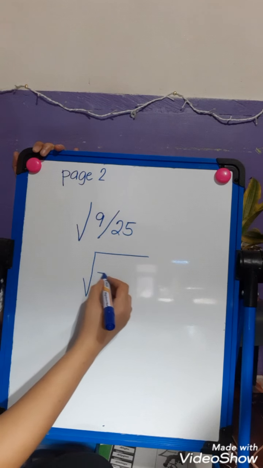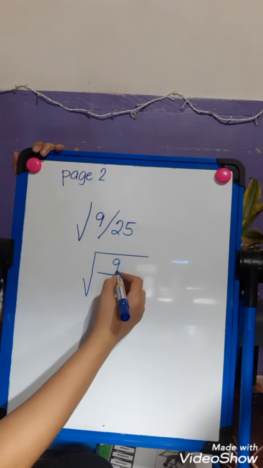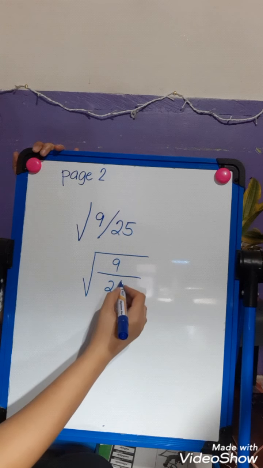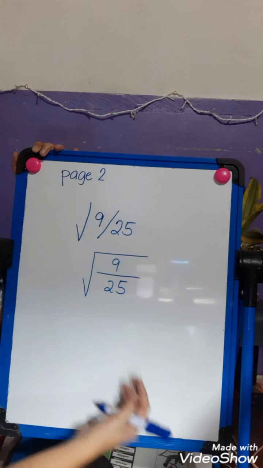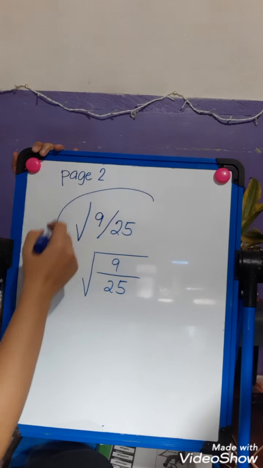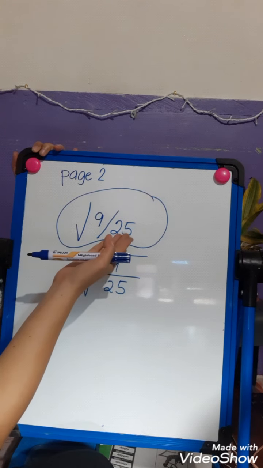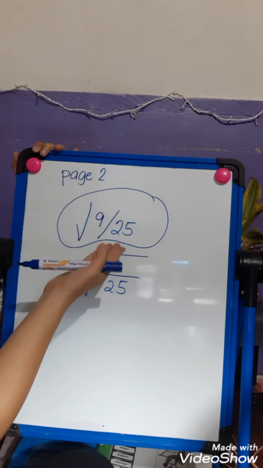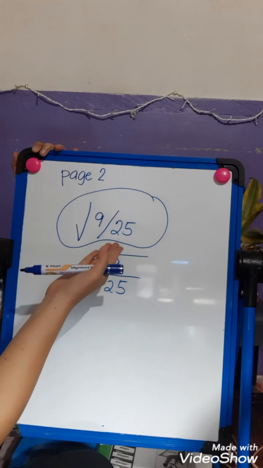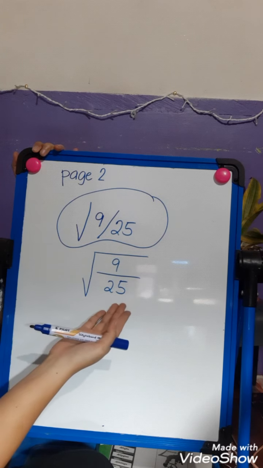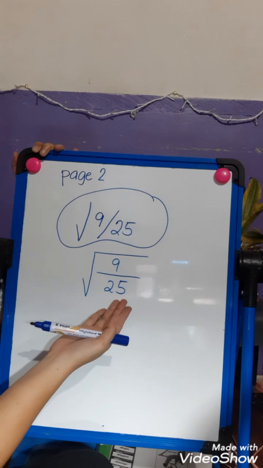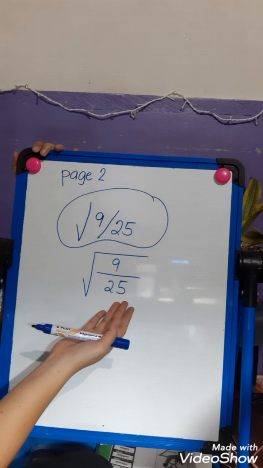Square root of 9 over 25. And maybe you're not using math type in encoding these numbers, so it doesn't show the proper form. But when we use math type in encoding, then we can achieve this standard way of writing.